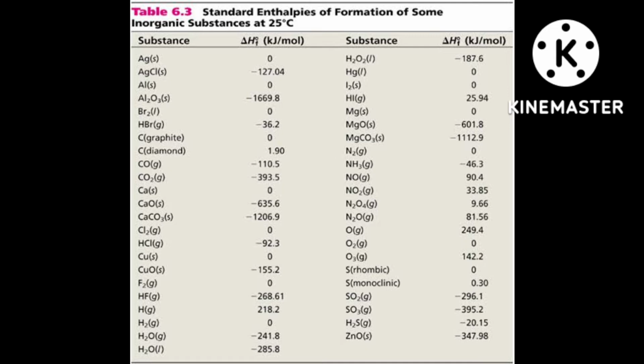If you write C in bracket G, its value is plus 716.68 kilojoule per mole. Kilojoule per mole is the unit, just like rupees, kgs, liter. Don't confuse in this.